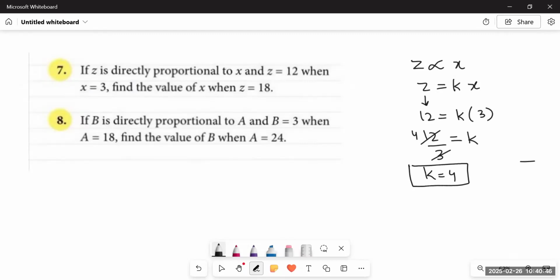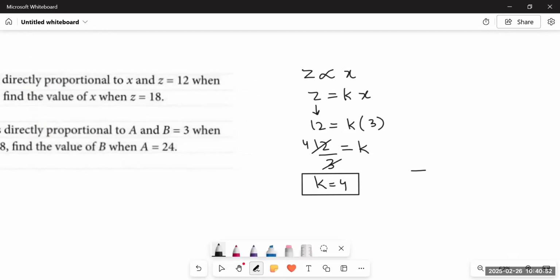And then they're saying find the value of x when z is equals to 18. So what we have to do next, using this equation, z is equals to 4x, we will find the value of x when the value of z is given as 18. So in place of z, I'm going to write 18.